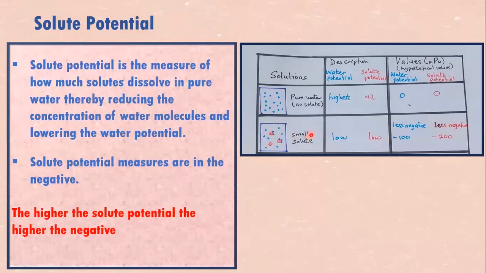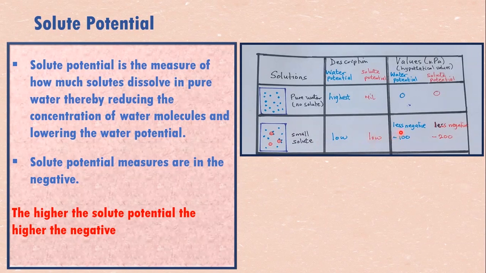So solute potential is always measured in the negative. So the higher the solute potential, the higher the negative. So let's go on gently like this. This one has few molecules of solutes. So we have high water potential here and low solute potential.